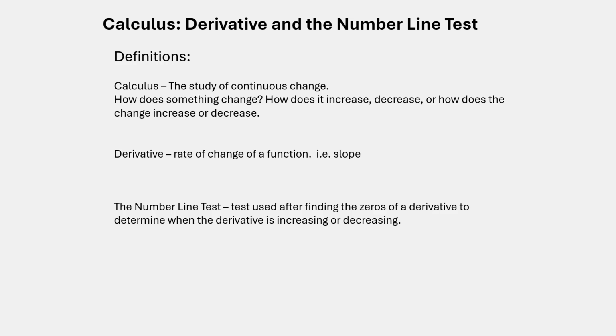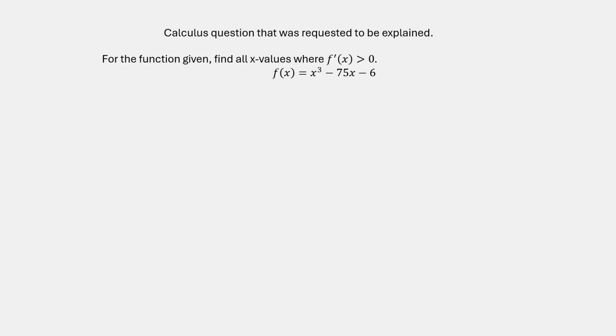So, while we're doing that, let's move on to the first question. This is one of the questions that was requested. It says, for the function given, find all x values where the derivative of f of x, f prime of x, is greater than 0. And the function is f of x equals x cubed minus 75x minus 6.